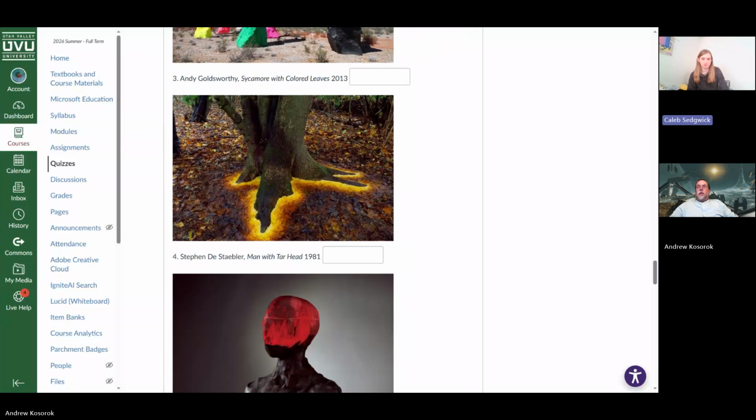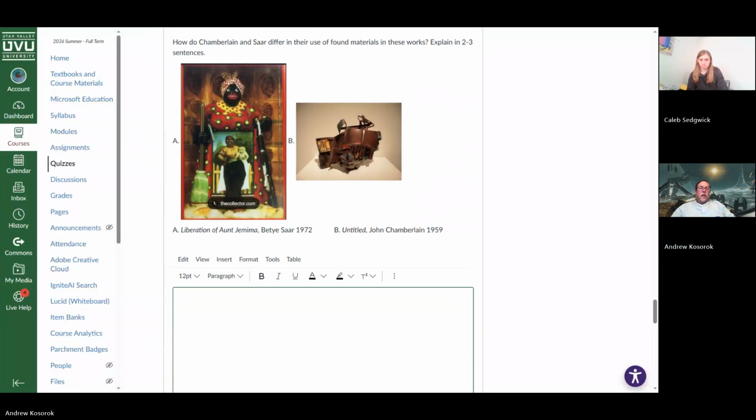Not tampered with, but you know what I mean. Yeah, applied and natural are two different things. I think that might be applied. Andy Goldsworthy is using natural materials, but the color is present because of human intervention. So yes, you're absolutely right.